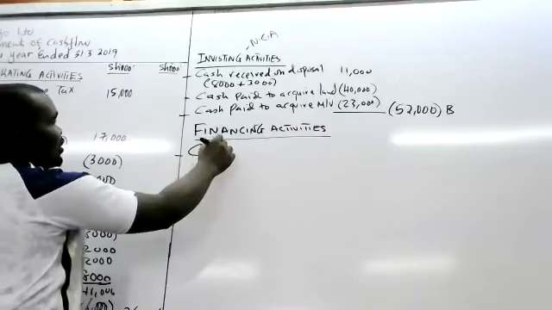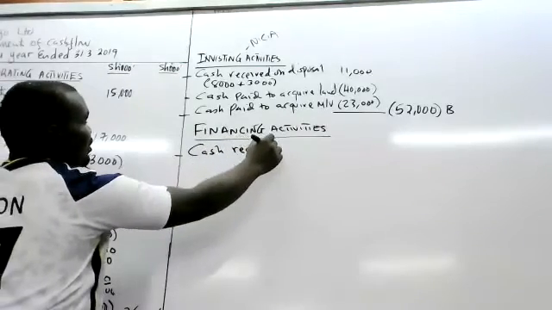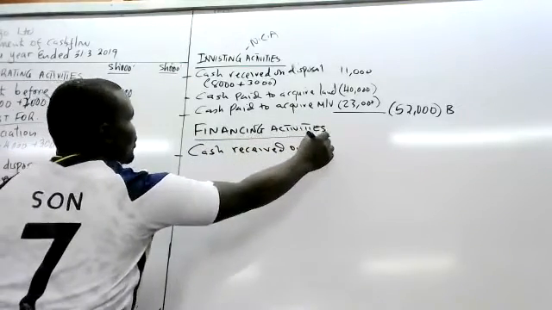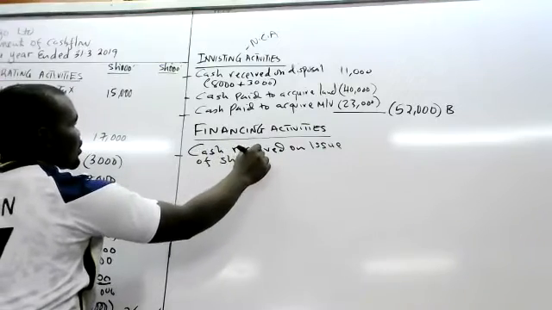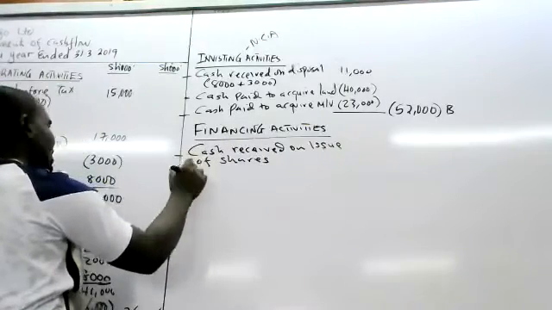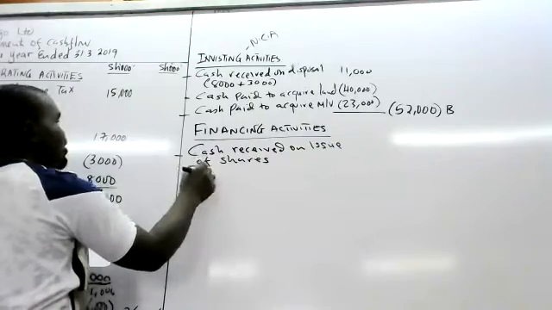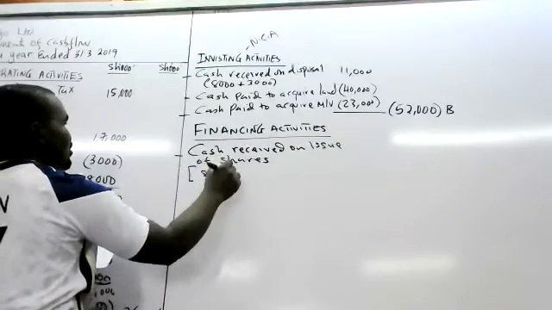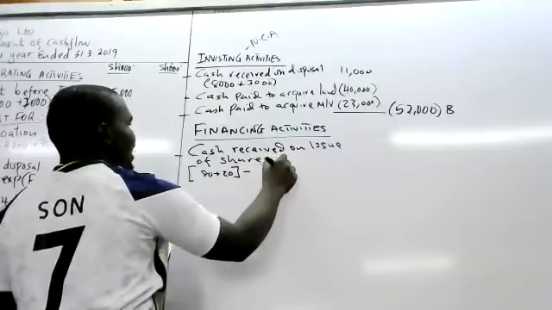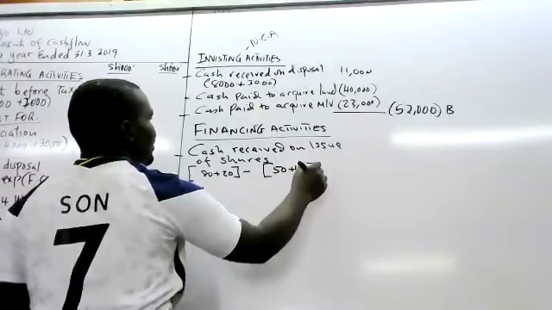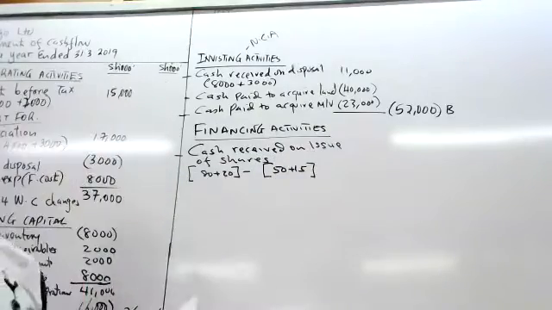So cash received on issue of what? Shares. So closing, 80 plus 20 minus 50 plus 15. That difference is what they issued.